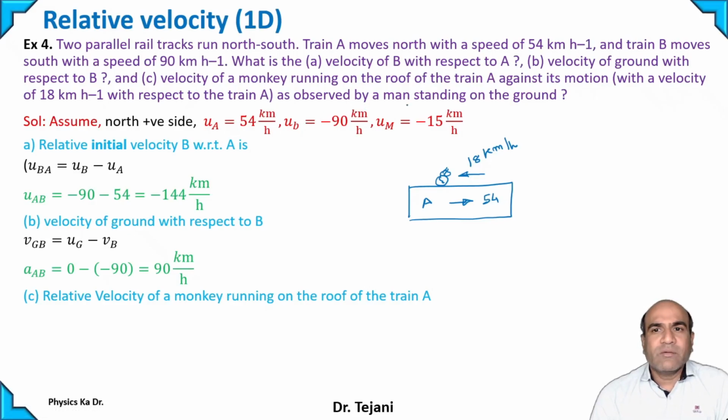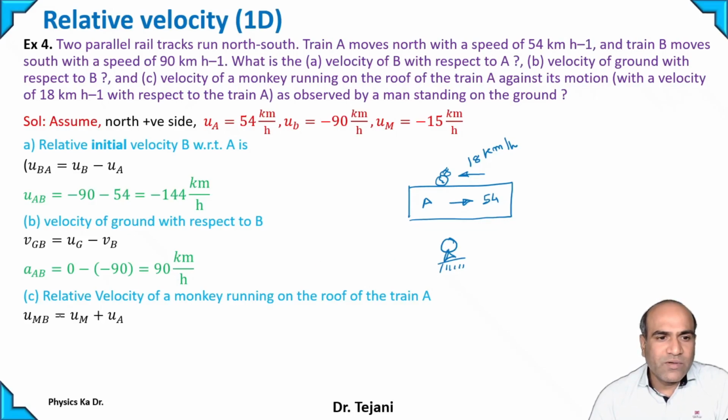So as observed by the man standing on the ground. So a person who is standing here, he is observing this. So we need to find velocity of monkey running on the roof with respect to the person who is outside.